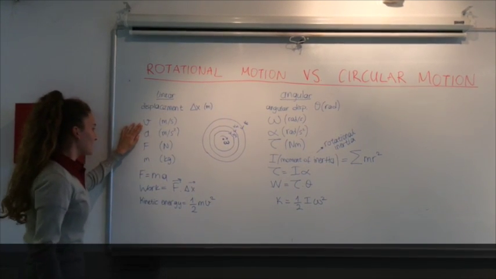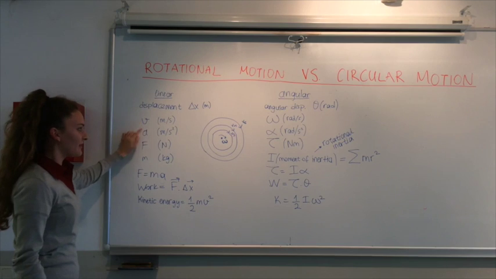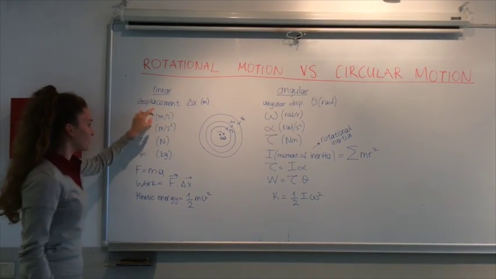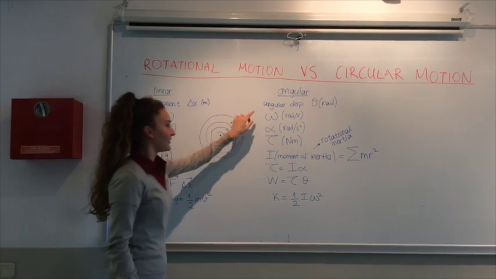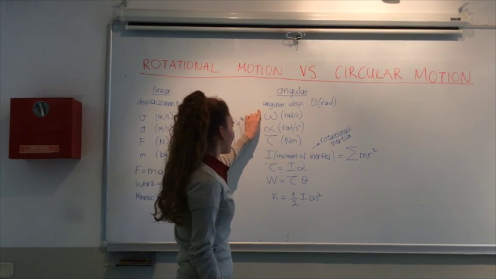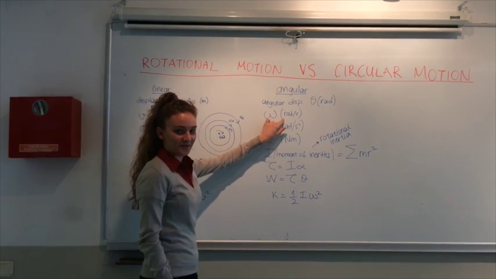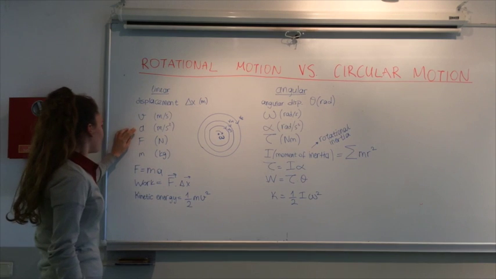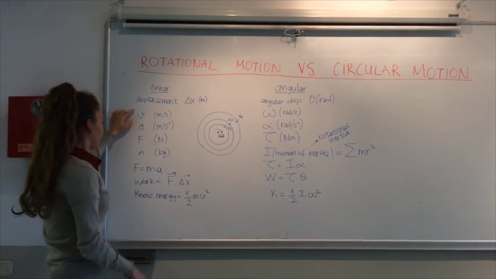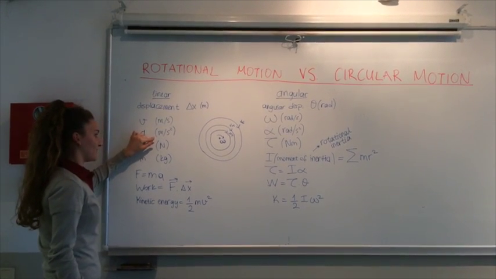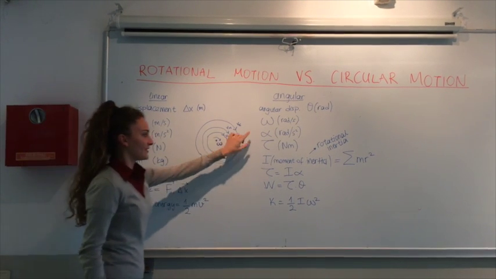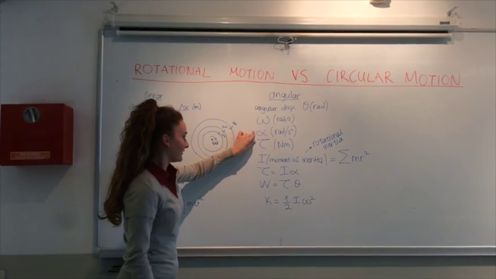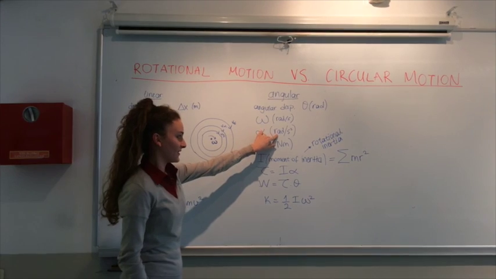For velocity, this is the v we know from linear motion. It's in meters per second. And this is omega, which is angular velocity in radians per second. And this is the acceleration for this velocity, which is in meters per second squared, versus alpha, which is the angular acceleration in radians per second squared.